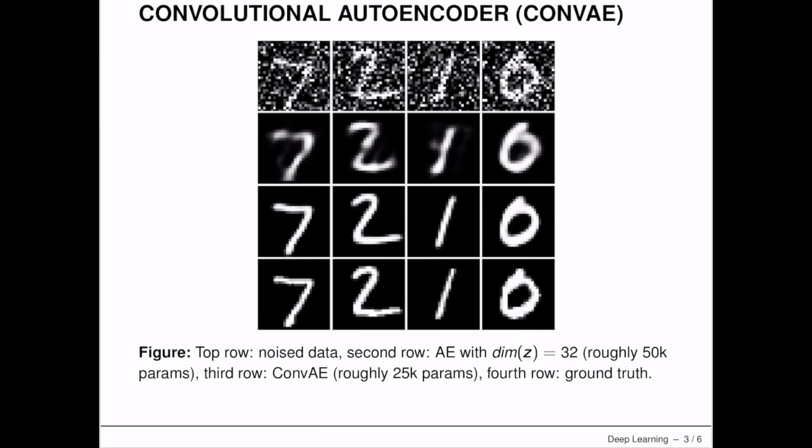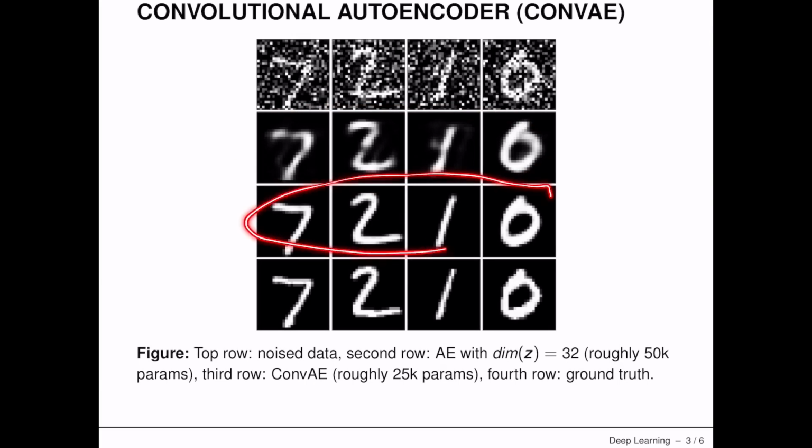And in small experiments, where we again have noisy data which we aim at denoising and reconstructing, we see the results of a standard autoencoder with only 32 hidden neurons. There the reconstructions are a little bit blurry.